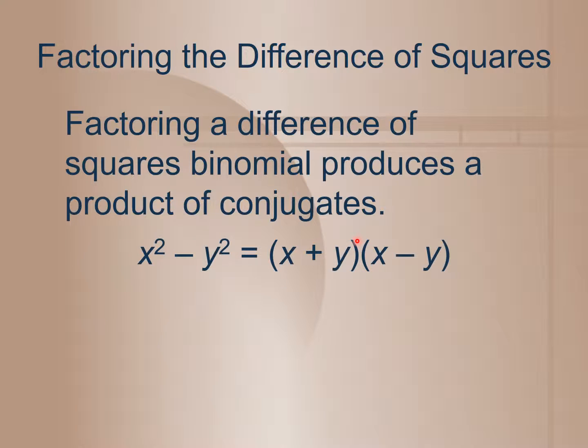Remember, conjugates means the same terms, but we have the sum and the difference. Notice that this is x, and this is x, and this is y, and this is y. These are the square roots of the squares that we were subtracting.